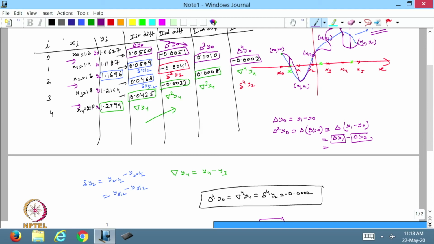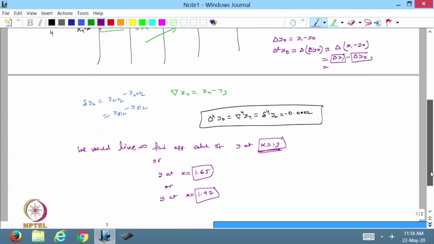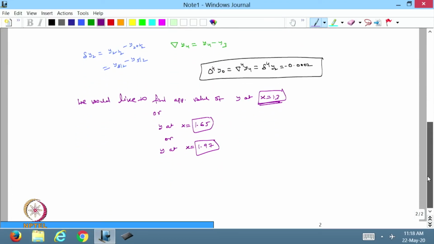So, based on where the value of x lies, we can use different methods to approximate or to find the interpolating polynomial. So, that is the way we can make the finite difference table.